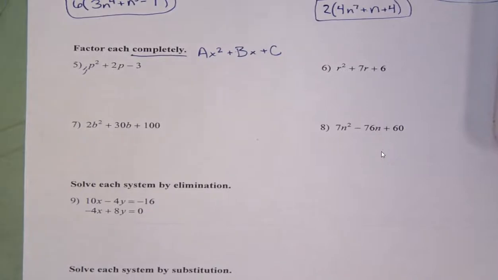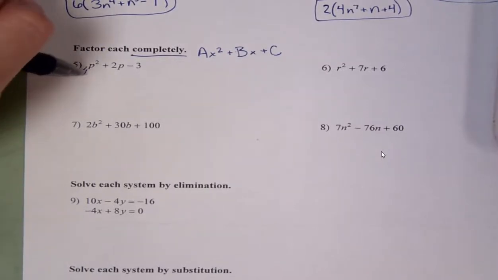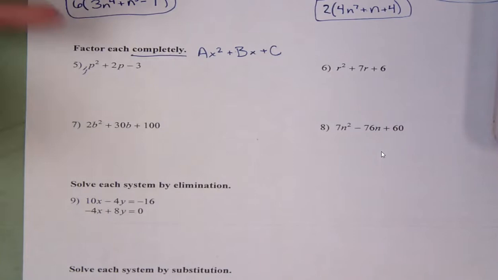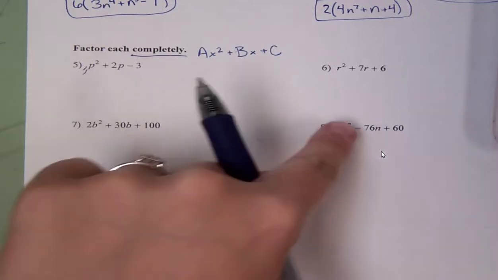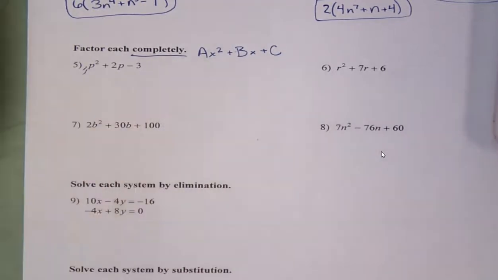All right. So right here, we have nothing in front of P. It's a 1. So P squared is all it is, meaning no coefficient, nothing greater than 1. Like these two have a number greater than 1. We're going to approach them a little differently.